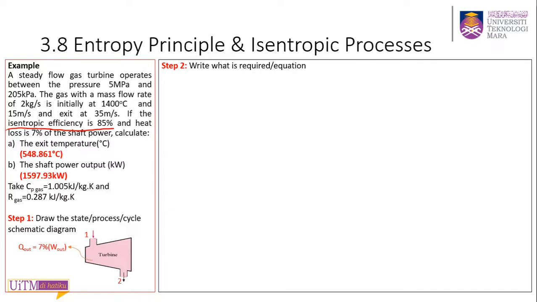For example, the exit temperature for item number 1 is the actual exit temperature. And for item number 2, the shaft power output here is the actual shaft power output.